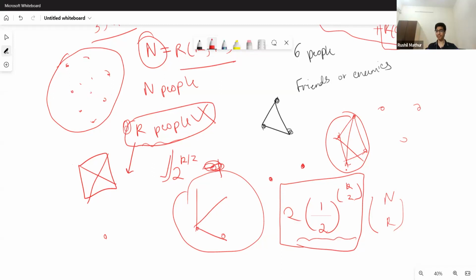We want there to be no clique. So this is not good. What if you show that the expected number of good cliques is less than one? Exactly, that's what we'll show. We want to show that this is less than one. This is the probability that the clique is good, and this is the number of cliques. Okay, I should call them k element subsets, as Pranav corrected me. And this is basically the expected value of the number of good sets. If I can show that this is at most one, what does that really mean?